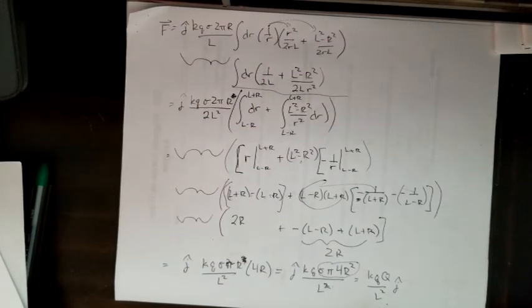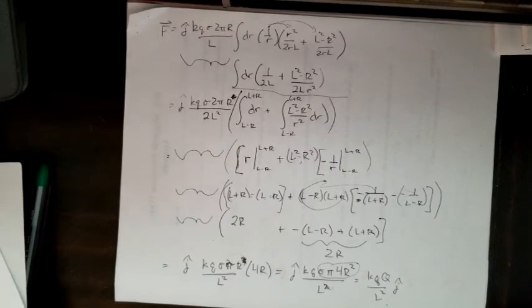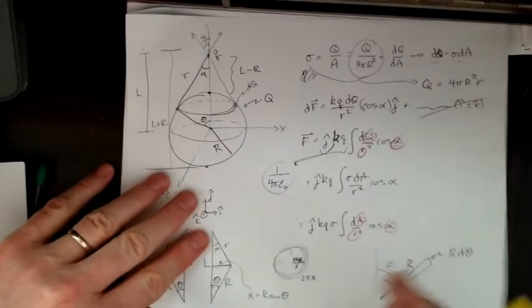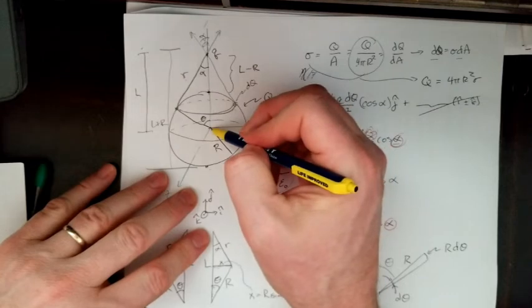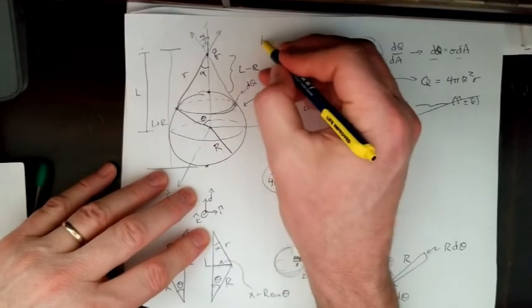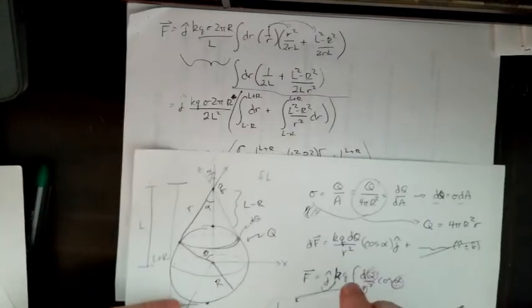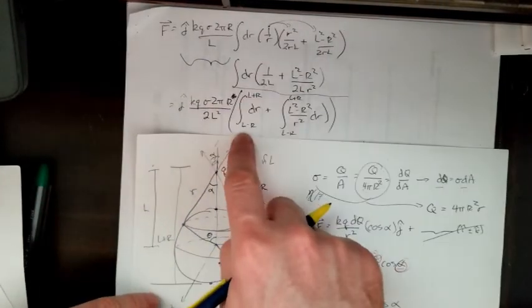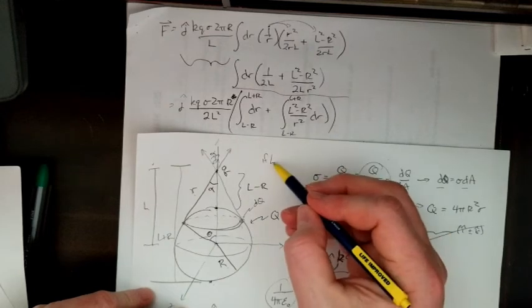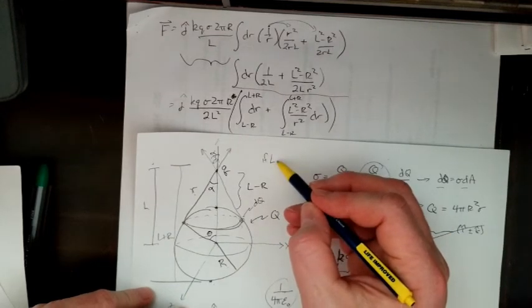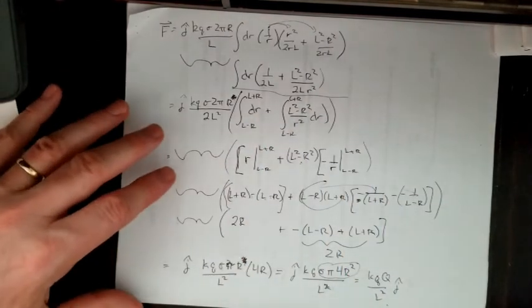Now there's another derivation that I can do where I assume that L is less than big R. The whole derivation here assumed, and that kicked in as soon as I put in my limits here, that L was greater than big R. But if L is less than big R, and we went through all that, we'd end up with 0.